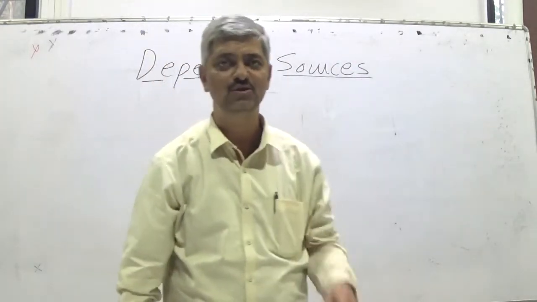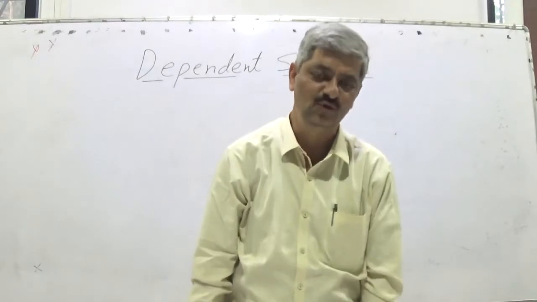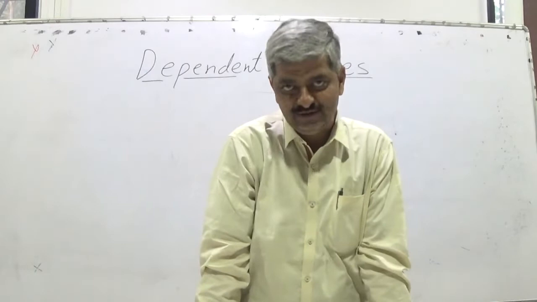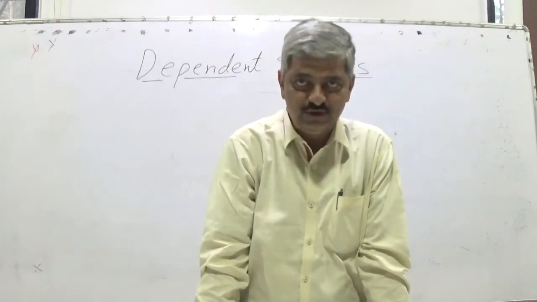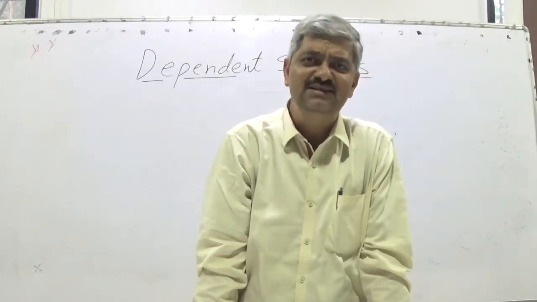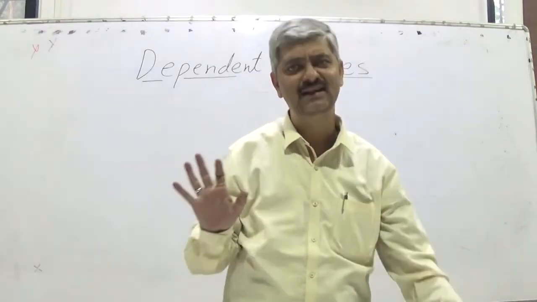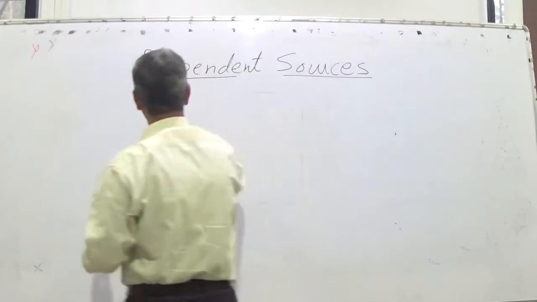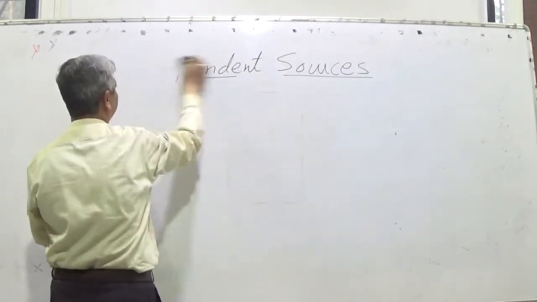Some other voltage or some other current. So we get voltage dependent voltage source, voltage dependent current source, current dependent voltage source, current dependent current source. It's very simple and we will consider it by few examples where everything would be clear.